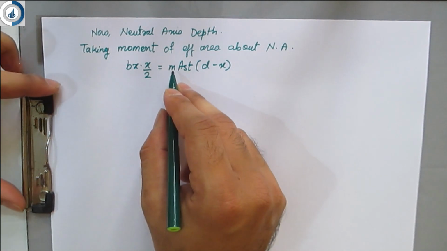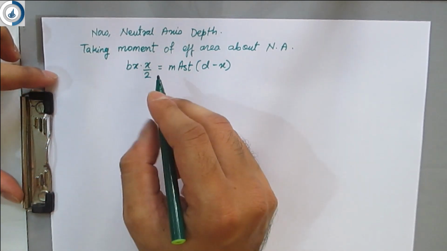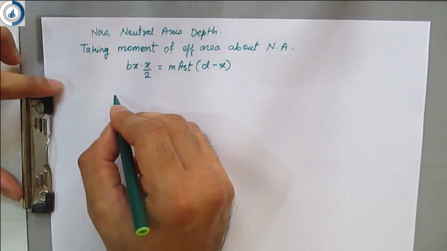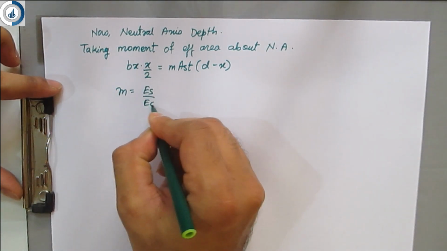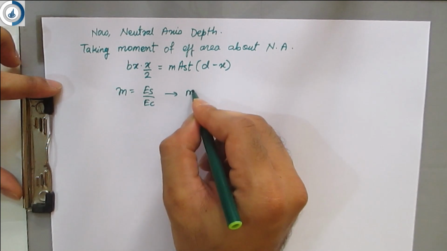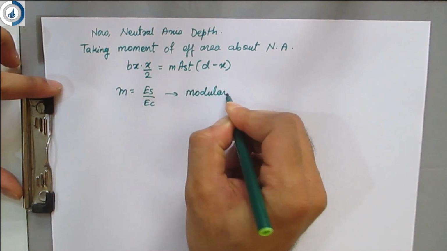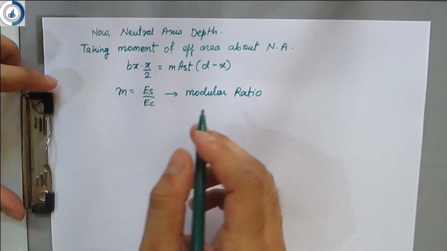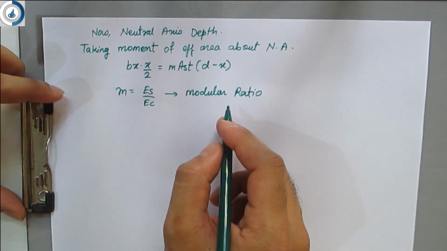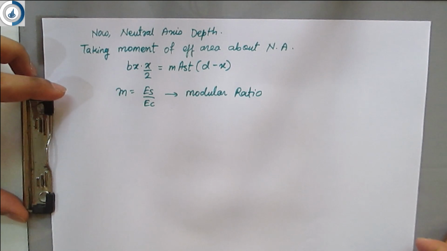Okay, so m is nothing but the modular ratio. So we'll calculate here. m is equal to ES by EC, which is the modular ratio. I assume that you know all the basics of RCC, what is modular ratio and all.